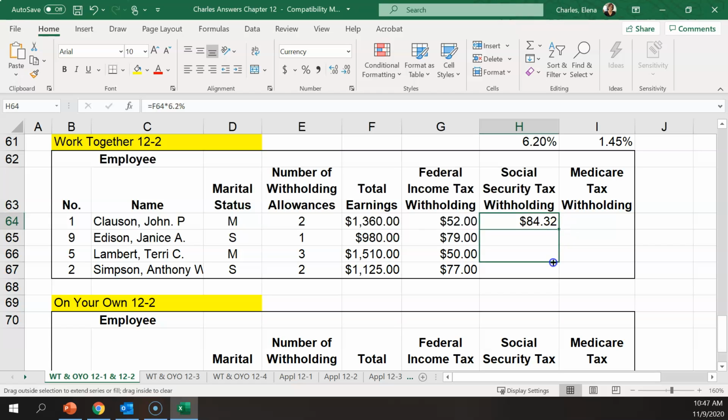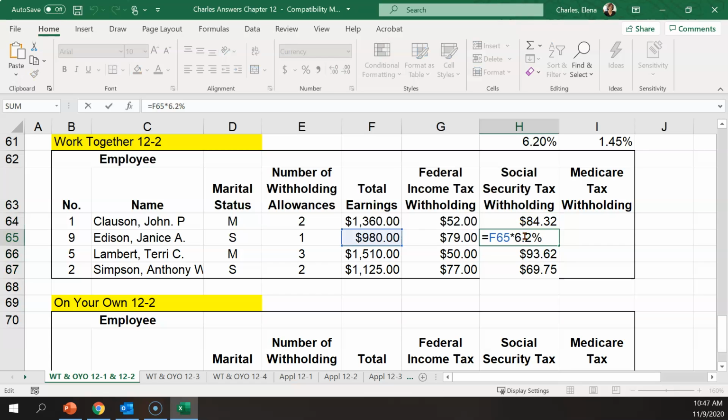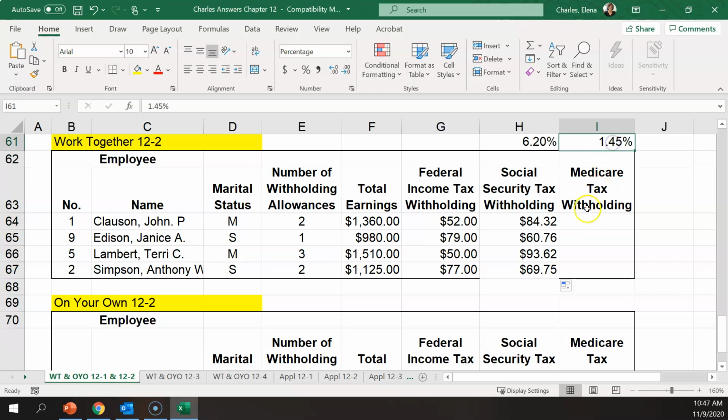You can do the same thing for each of them because it is always going to be 6.2%. So if you look in each of these cells, you'll see that it's referencing the total earnings times 6.2%. I always get into the habit of writing that above the column so you can reference the percentage. Burn that in. That's been the same percentage since I was your age working at McDonald's.